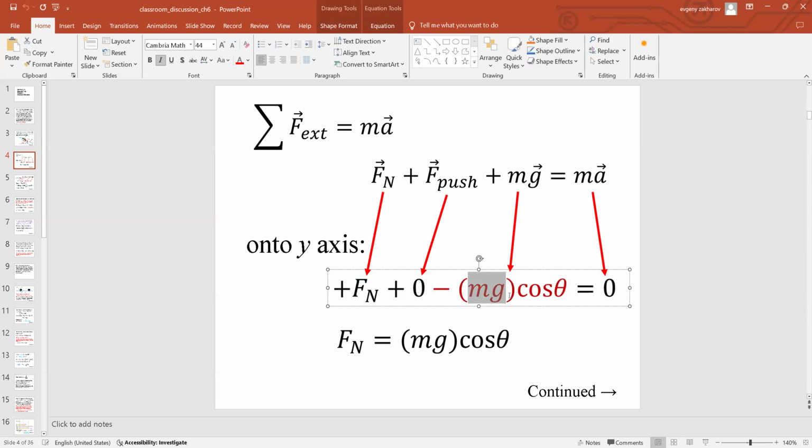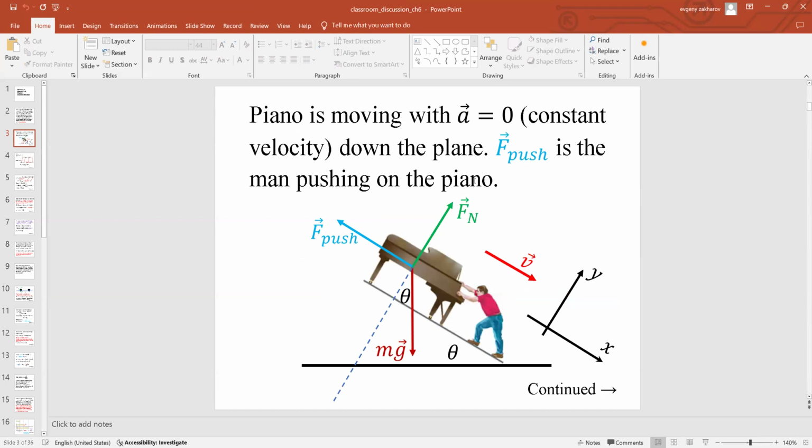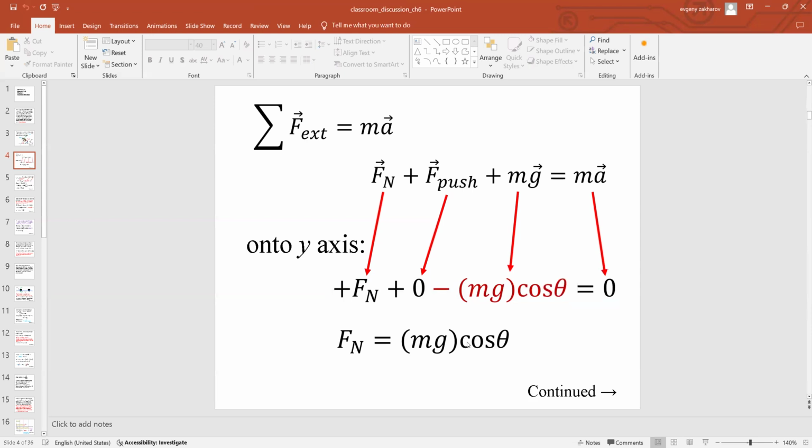So it's negative gravity and the cosine of the angle of incline for the y component of gravity equals to 0 because acceleration is 0 as given for this problem. From this equation, we get the connection between normal and gravity. So mg cosine theta is what counterbalances the normal reaction force.